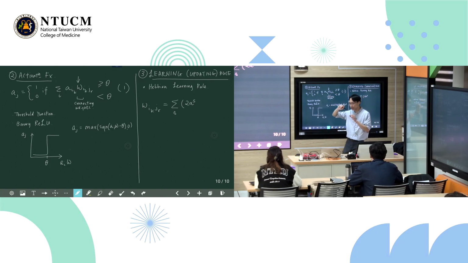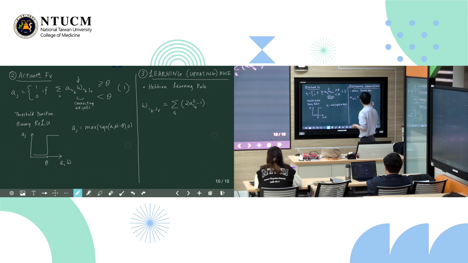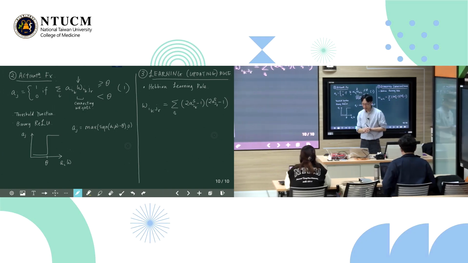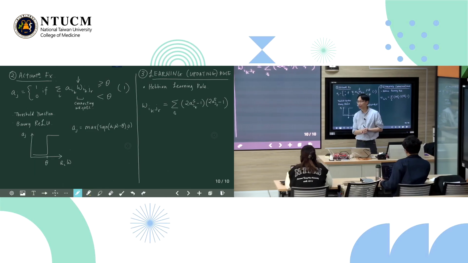So that is (2a_k^s(i) minus 1) times (2a_r^s(j) minus 1). And then he says that this is the Hebbian learning rule.